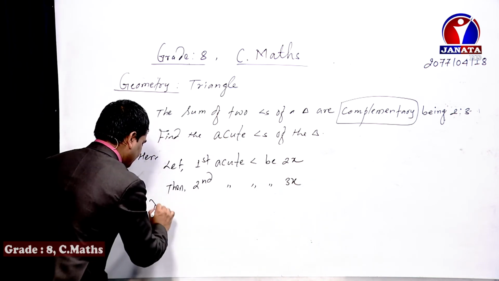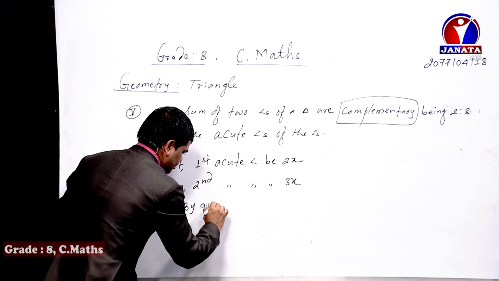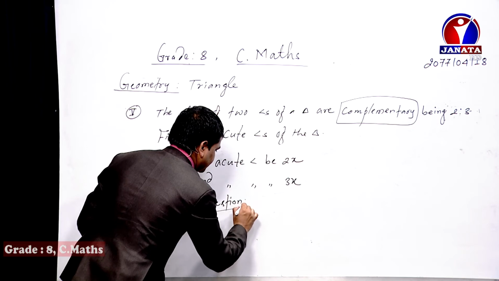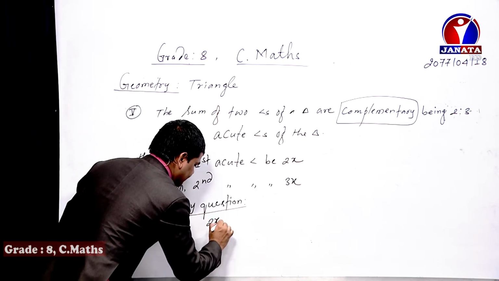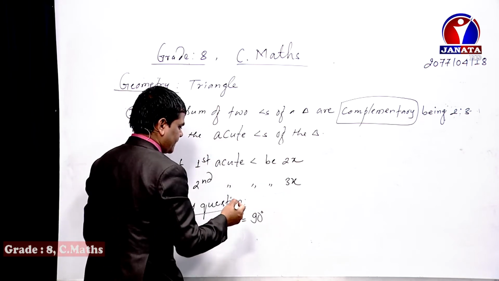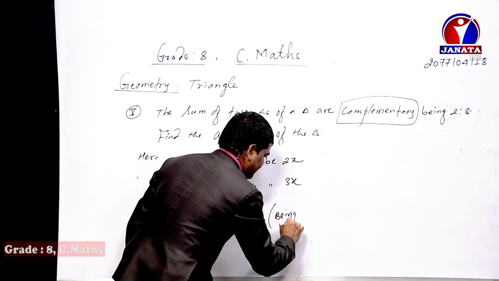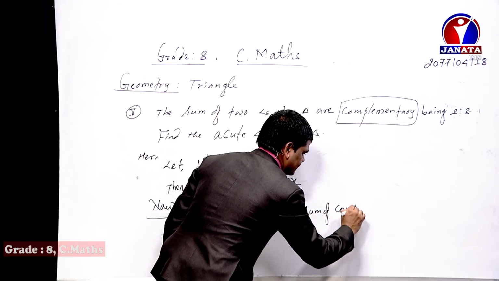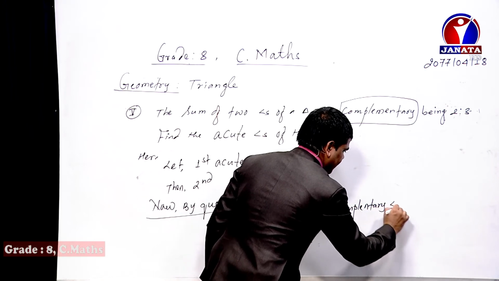Now, by question, in this way we need to write the language. By question, their sum becomes complementary, isn't it? It means 2x plus 3x equals 90 degree. The reason: sum of complementary angles.